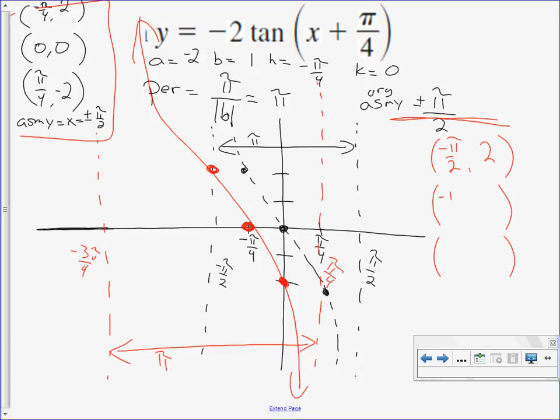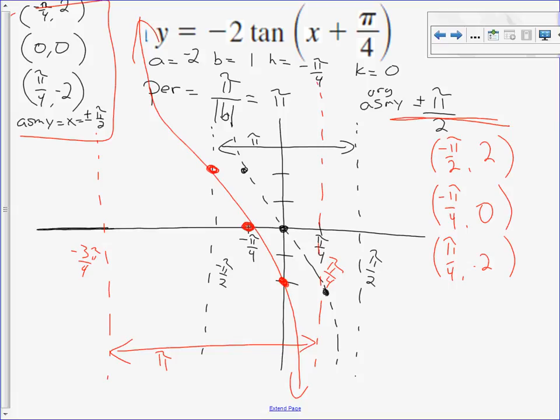Negative pi over 4 and 0. And then pi over 4 and, excuse me, pi over 4 and negative 2. And then lastly, our new asymptotes are at x equals negative 3 pi over 4 and pi over 4.